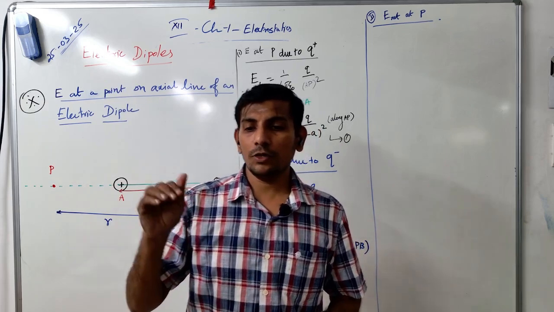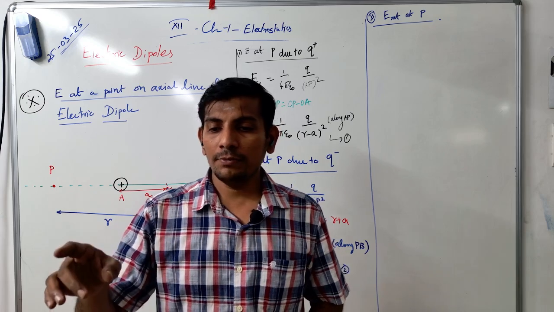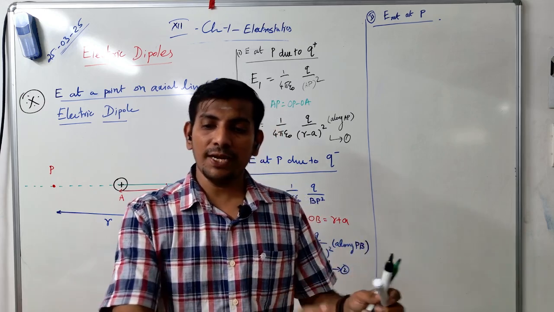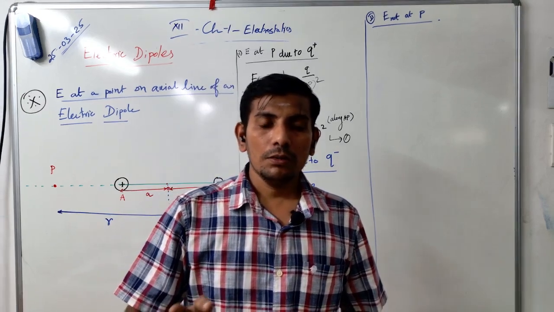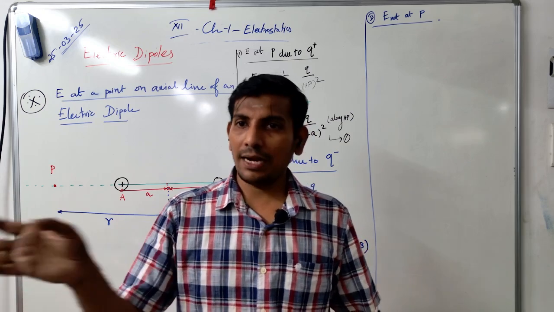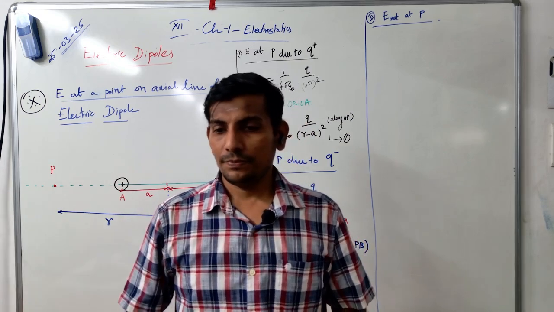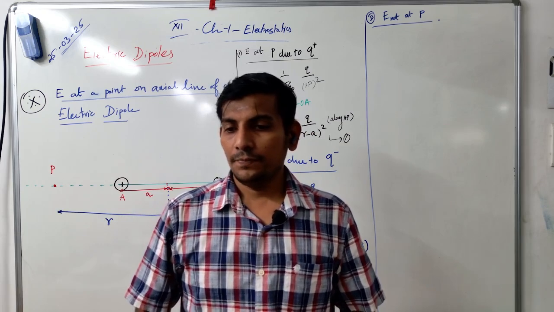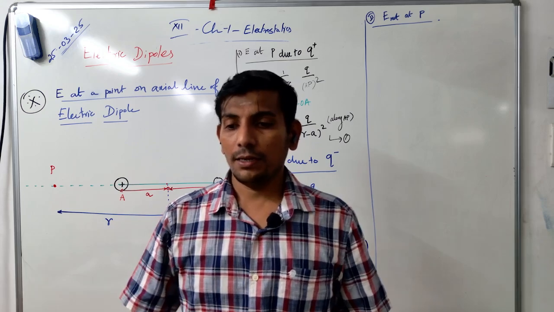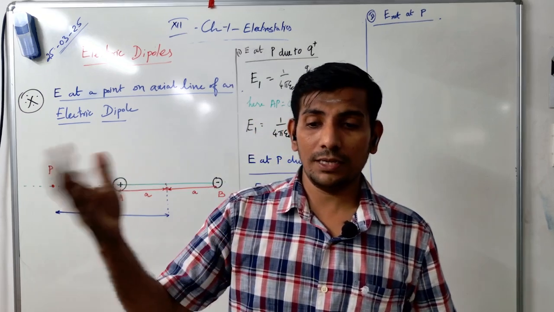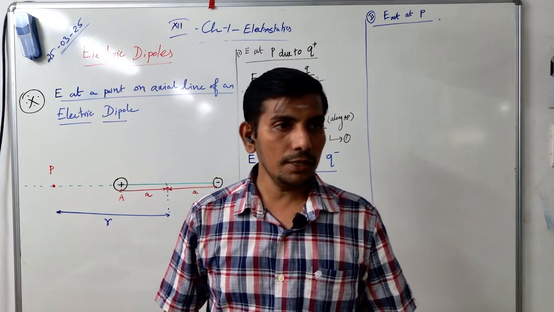As long as the vectors are coaxial, to add them you can do just algebraic addition. You don't have to involve the parallelogram or triangle law of vectors. You just add them like numbers. If the field lines are coplanar, then you have to use vector addition. Got it?